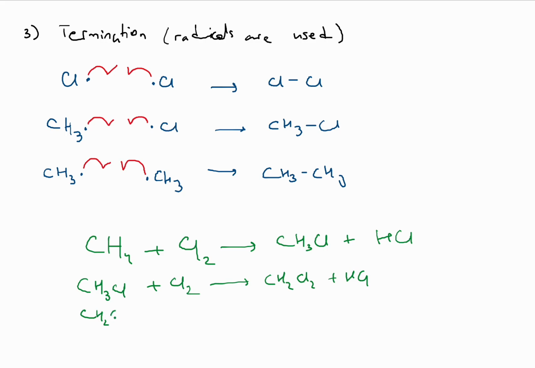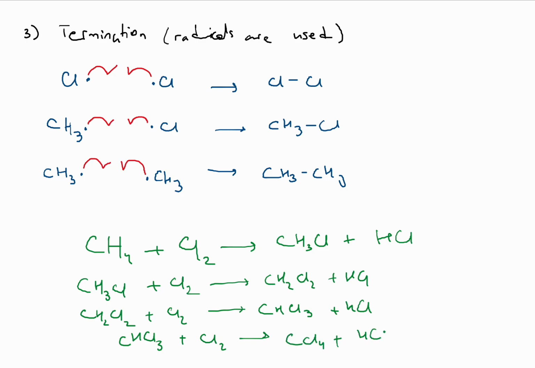Dichloromethane can react with chlorine again to give trichloromethane plus HCl, and this trichloromethane can also react with chlorine to give tetrachloromethane. These last 3 reactions are formed via further propagation, when the chlorine radical reacts with your product, chloromethane.